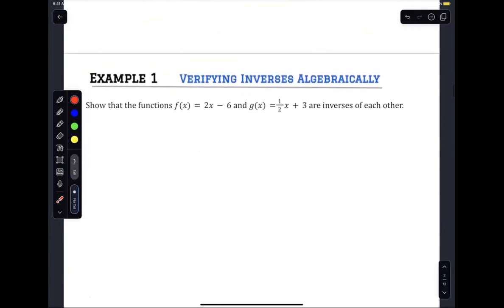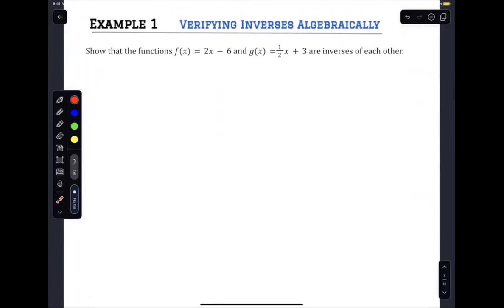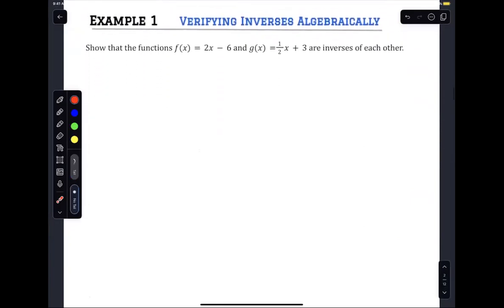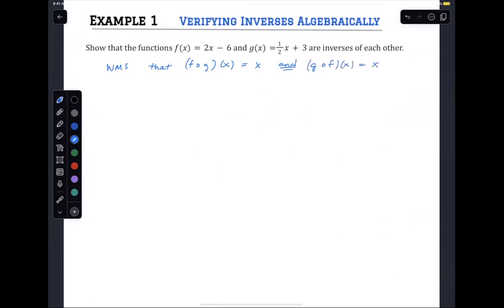So we're gonna do some examples where we're proving that they're inverses. In this example, we're gonna take f of x and g of x and prove they're inverses. So we must show that f composed of g of x equals x, and g composed of f of x equals x.